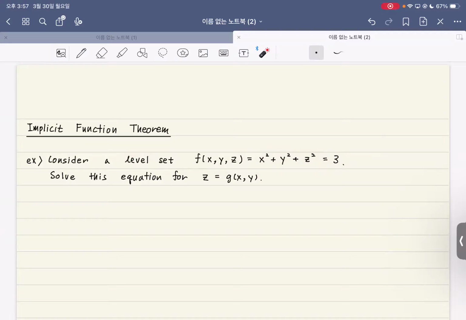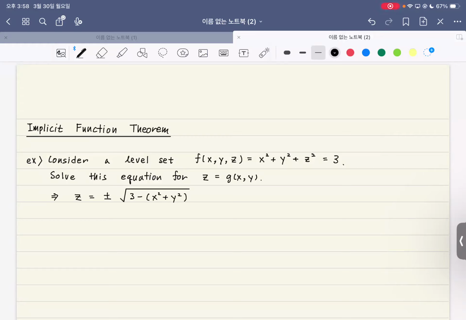And we want to solve this equation for the last variable, z. Then what would you get? Then z must be plus or minus the square root of 3 minus x squared minus y squared.